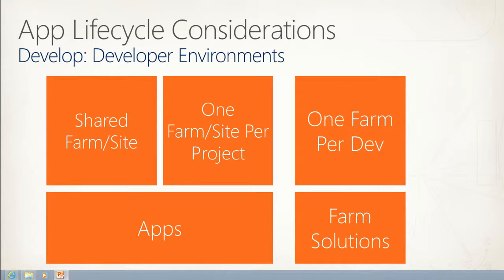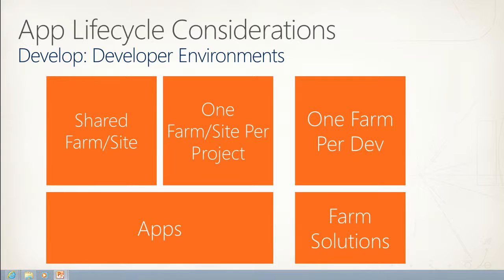That's a good thing. Now, when you start thinking about it, you no longer need to worry about one VM per developer that contains a whole bunch of SharePoint stuff in it, right? You can now think from an apps for SharePoint perspective, be it SharePoint-hosted or auto-hosted. You can now have a shared farm, where a whole bunch of developers can easily utilize the developer side and do whatever they need to do there.